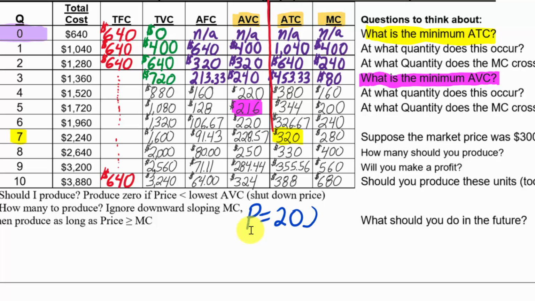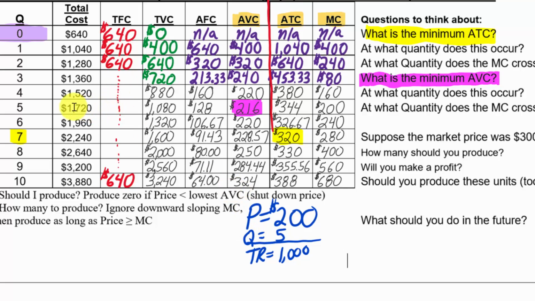And let's just suppose, for the sake of argument, that we decided we were going to produce 5 units. What would happen? Well, if our quantity was 5 units and the price was $200, our total revenue, price times quantity, would be $1,000. Well, how much are our total costs if we decided to produce those 5 units?